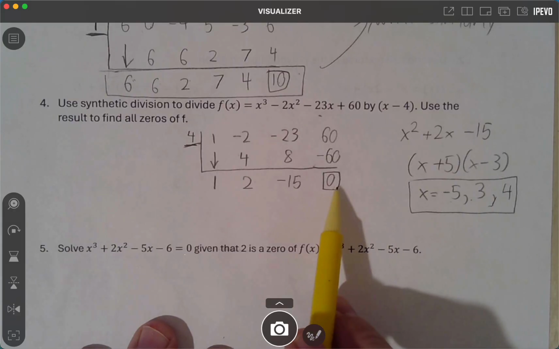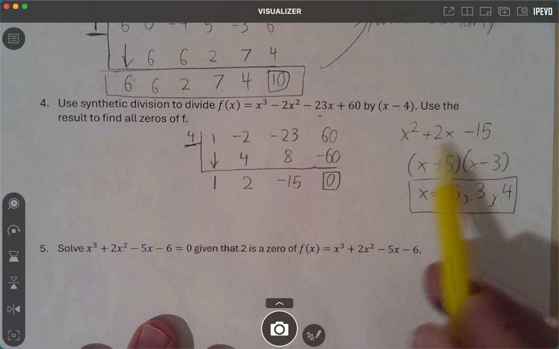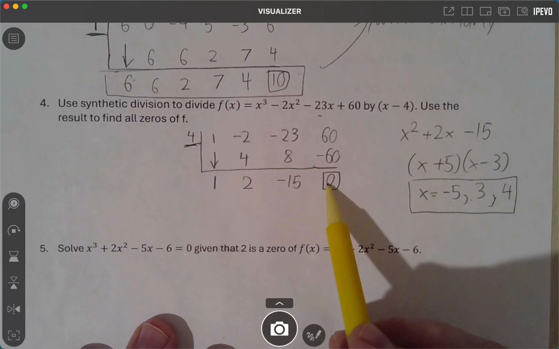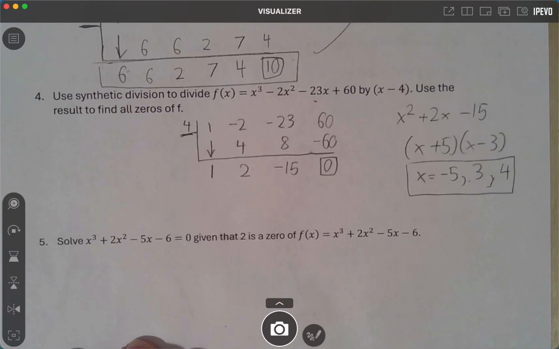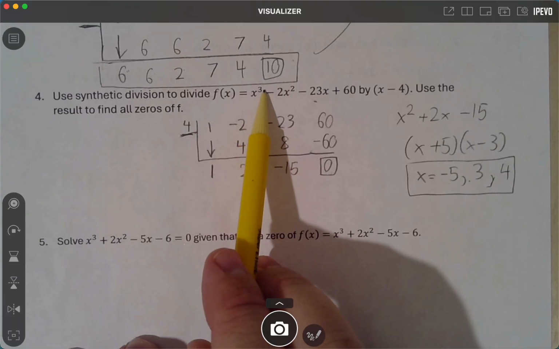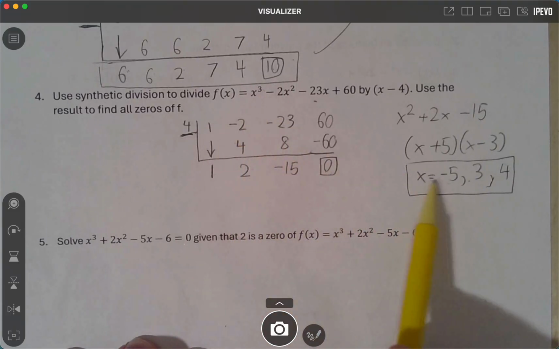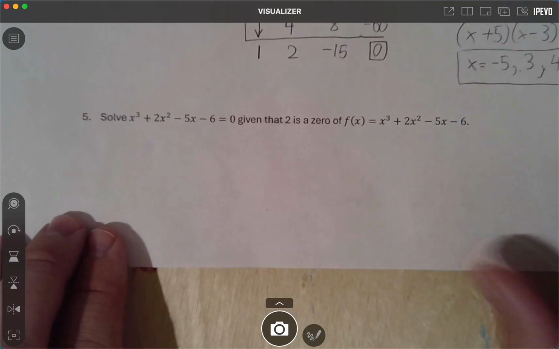Only do that when it works out to 0. If it doesn't work out to 0, there's no reason to touch anything from that quotient. But because it did, we're good to proceed. Now also, here's one fun fact. It should not be a coincidence to you that this problem started as x cubed, and we found 3 roots. Just food for thought. Let's keep going.